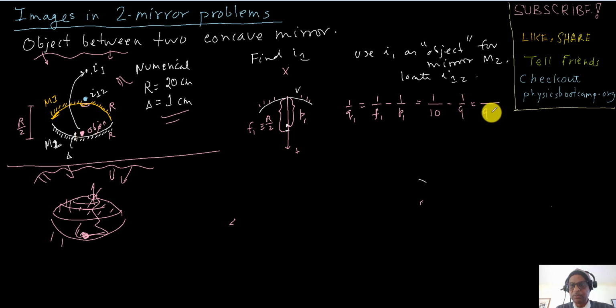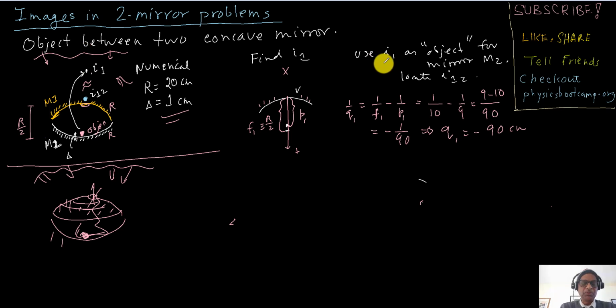So we can do 90 minus 10, which is minus 1/90. So q1 equals minus 90 centimeters. It's going to be way out there. It's not to scale. I1 is very far away in this picture, because that's where it will be located. A negative means behind the mirror.